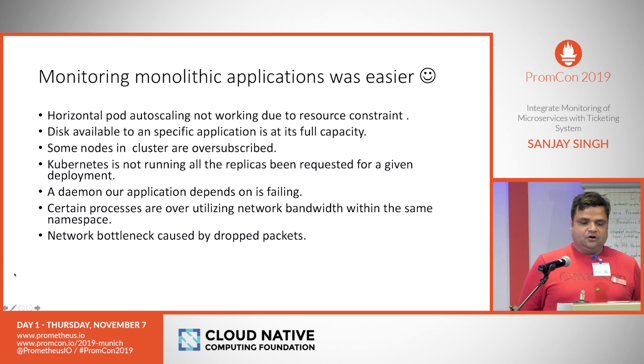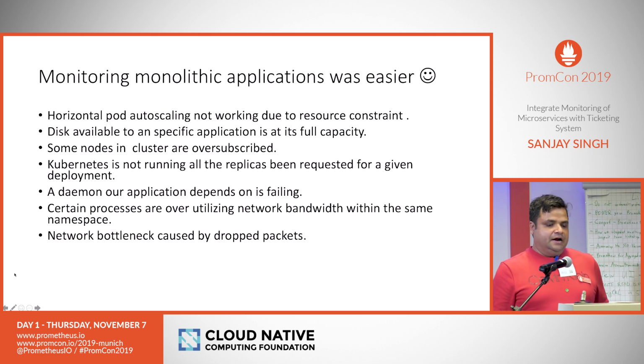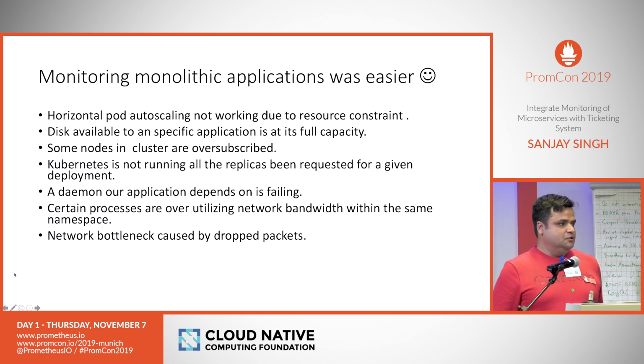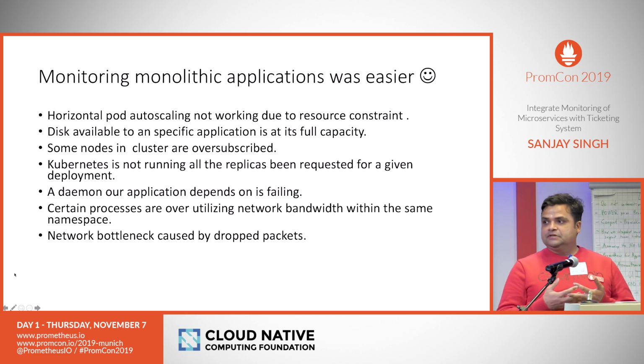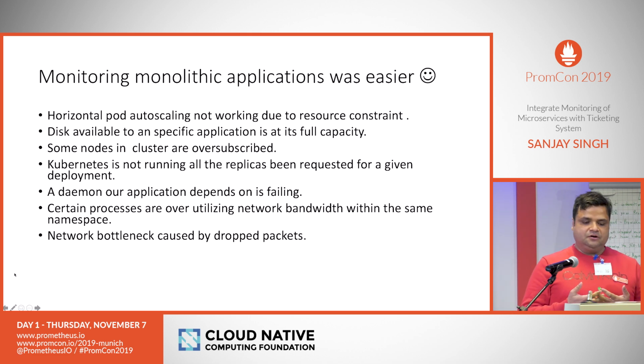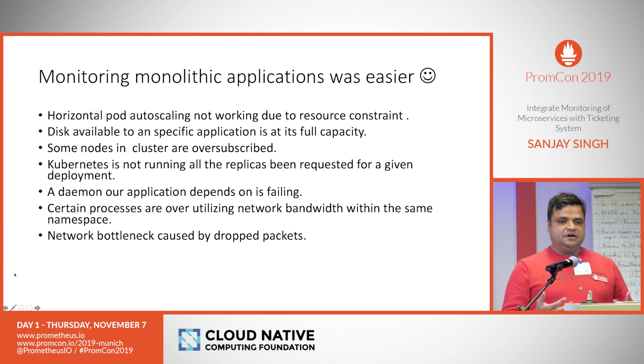We were getting issues like horizontal pod autoscaling not working, disk available to a specific application at its full capacity, some nodes in clusters oversubscribed, and network bottlenecks caused by dropped packets. We used the data we got in Prometheus at that point of time to replan our infrastructure.